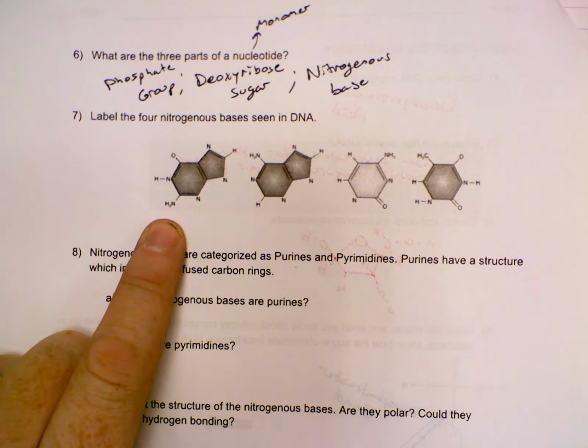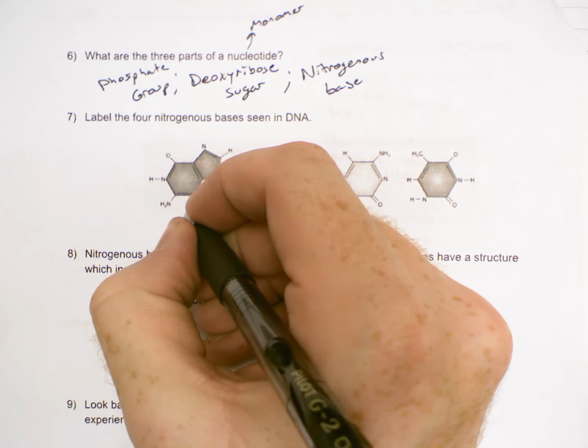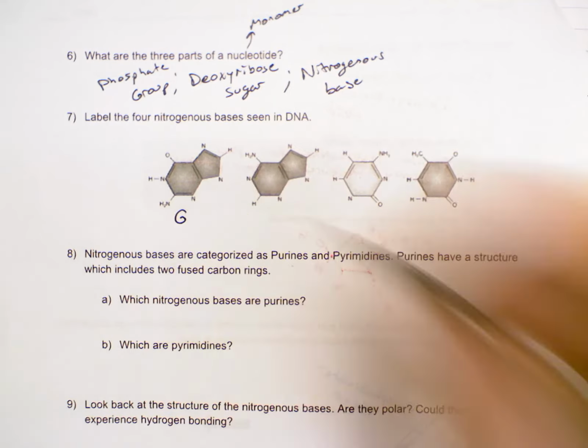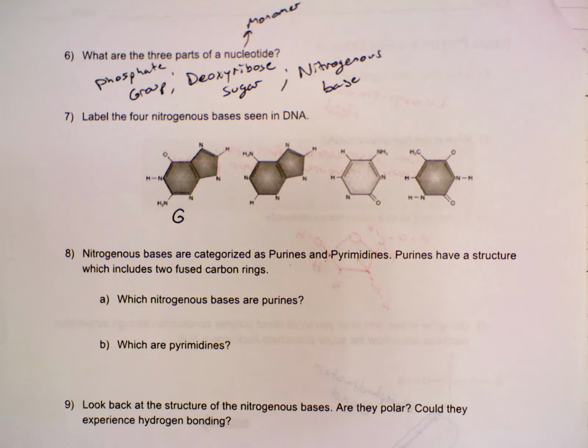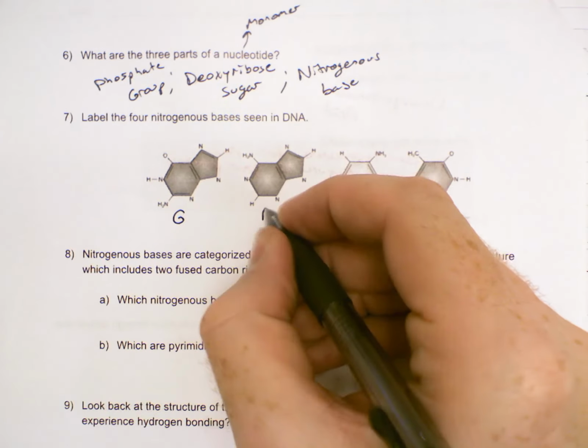Here. The guanine has the double bond to oxygen, so that would be this one. Okay, so that would be the G, the guanine, which means that this has to be the adenine.